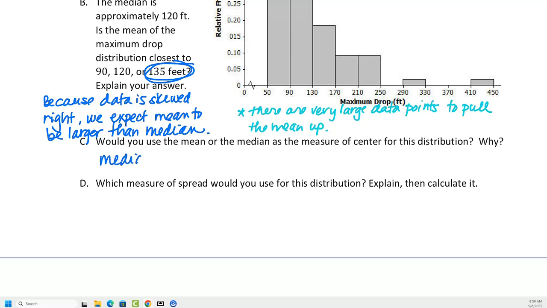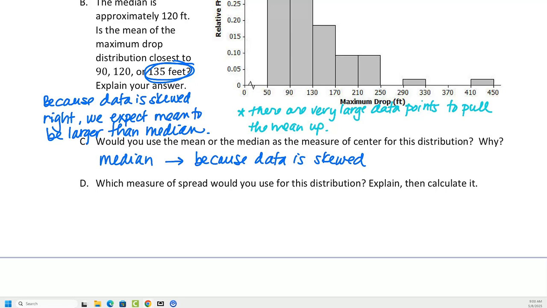If you remember, you usually use the median because the data is skewed, right? If it was symmetric, we would use the mean. Which measure of spread would you use for this distribution?